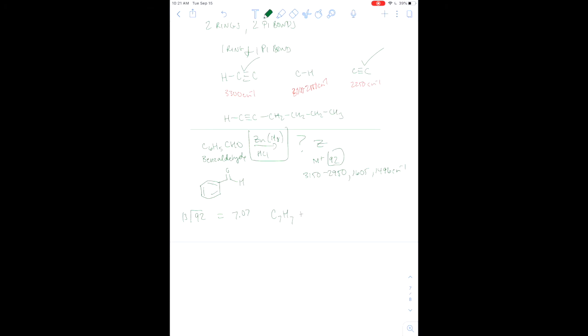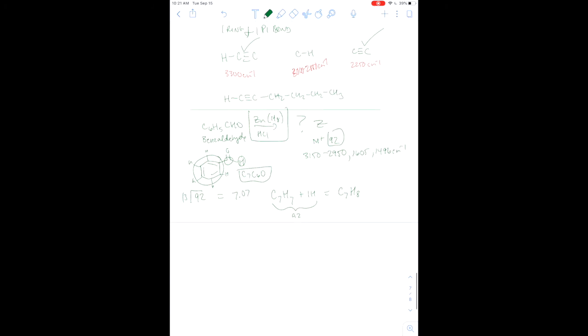So plus 1 hydrogen to get 92 for the mass, and that equals C7H8. Notice this compound over here, there's 6 in that benzene ring, there's 1 in the carbonyl, that's already got 7. And then it's got 1, 2, 3, 4, 5, 6. And then there was an oxygen, right? Now our formula has changed to C7H8.